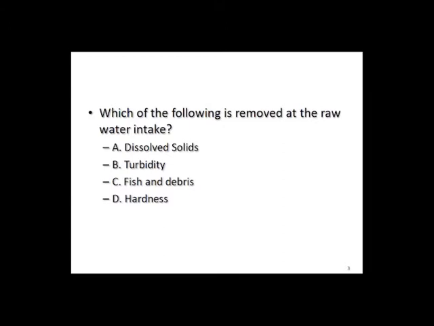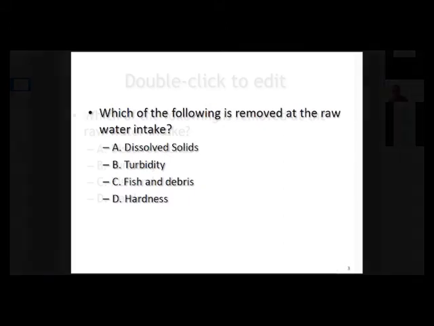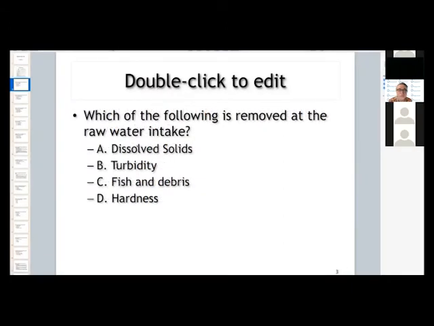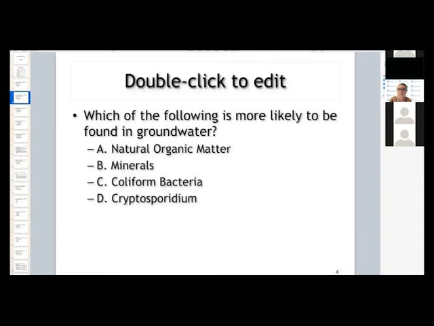The raw water intake is to remove all of the large items, fish, debris. Some fish get through, but for the most part, that's what it's there to do. There's intake screens at the beginning of the plant to remove all the big stuff. So which of the following is removed at the raw water intake? The answer is C, fish and debris. The raw water intake is designed to remove all the big stuff.